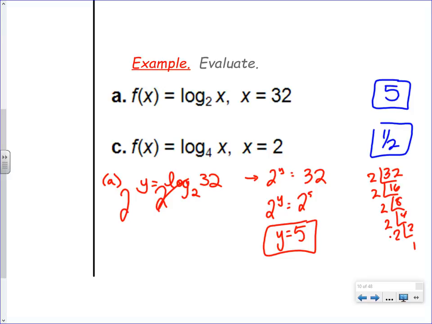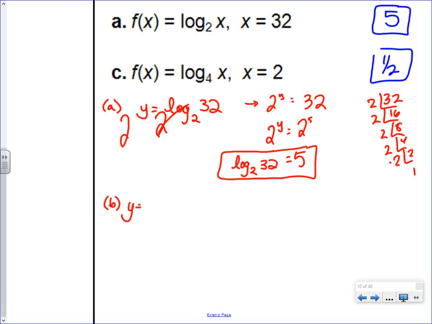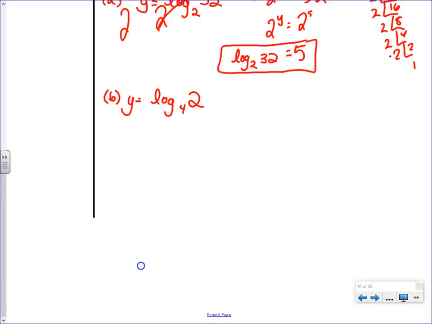Can you get 1/2 without your calculator? If you're stuck, look at the example. Look at what we did. Look at how we undid the logarithm.